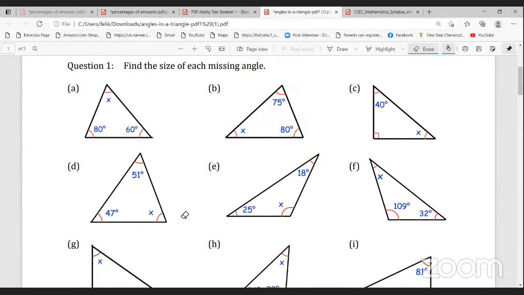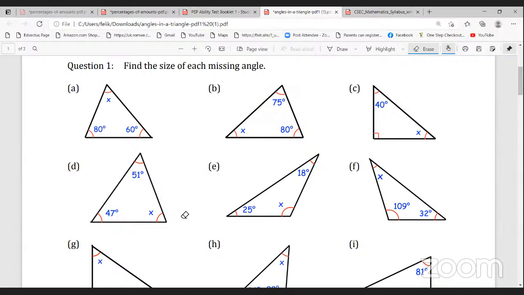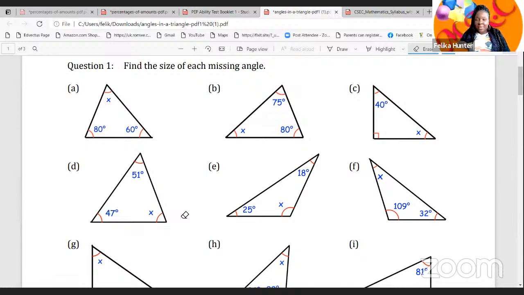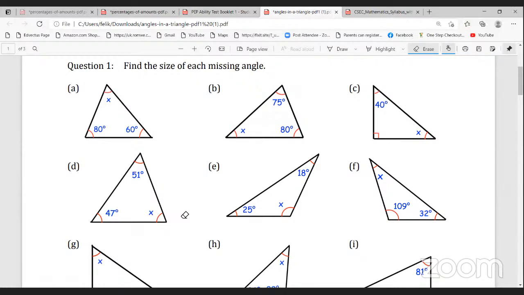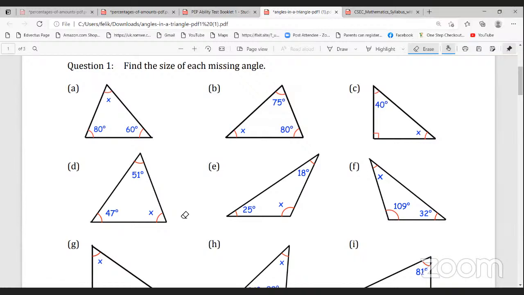Miss, a triangle measures 180 degrees. We need it to sound strong, not puny.